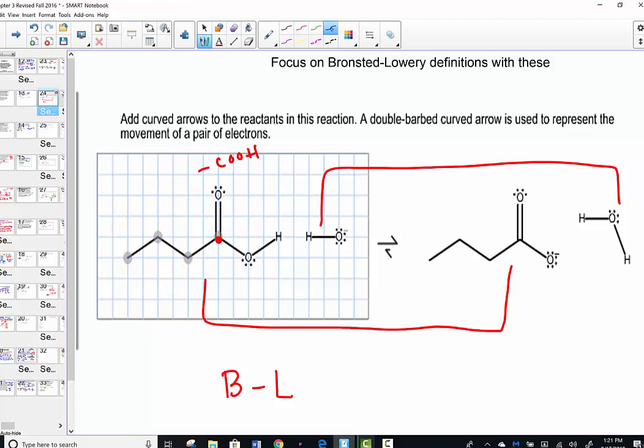So let's take a peek at what's happened. We have an electron-rich area on the oxygen abstracting the proton from the carboxylic acid. These electron dots now become a bond to form a water molecule.